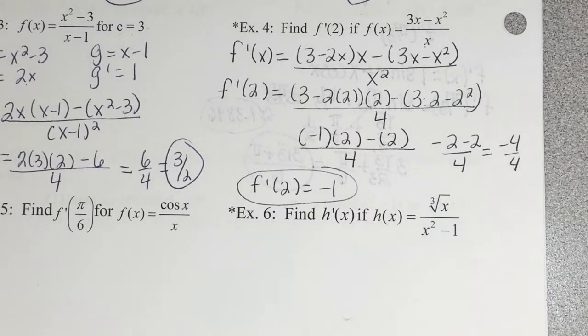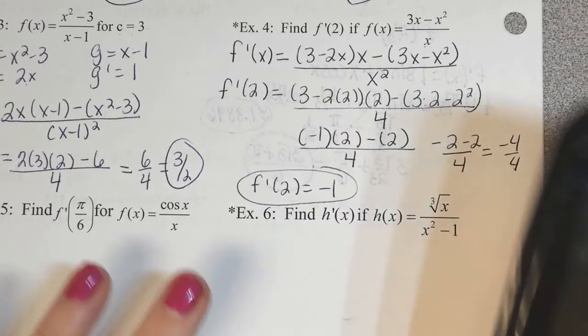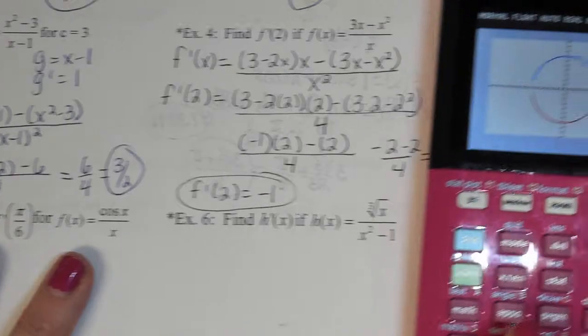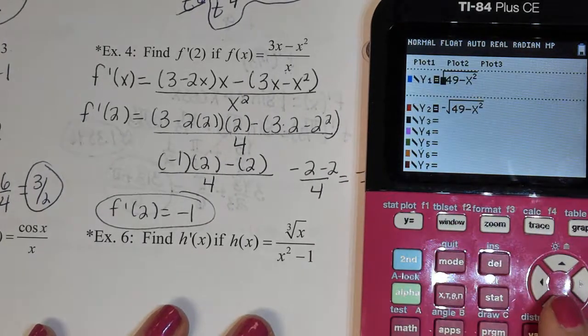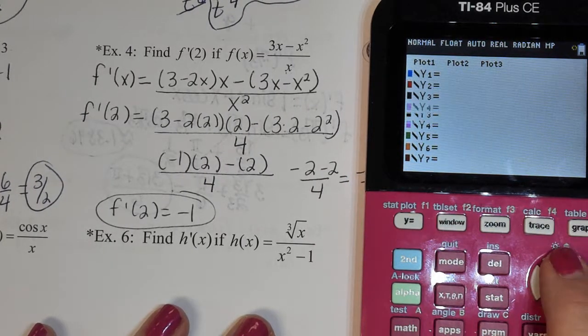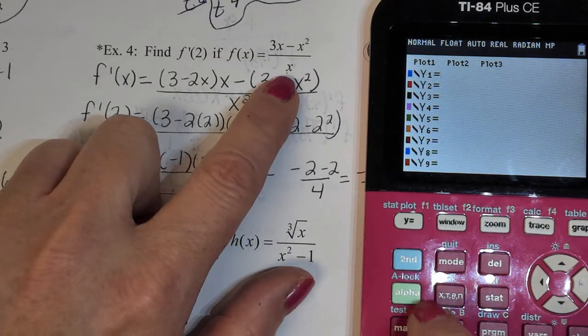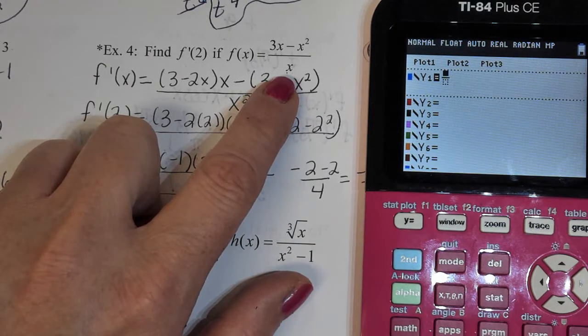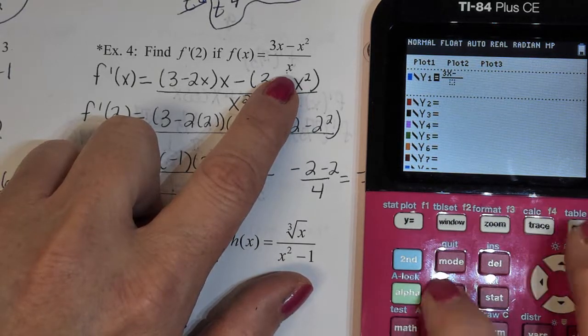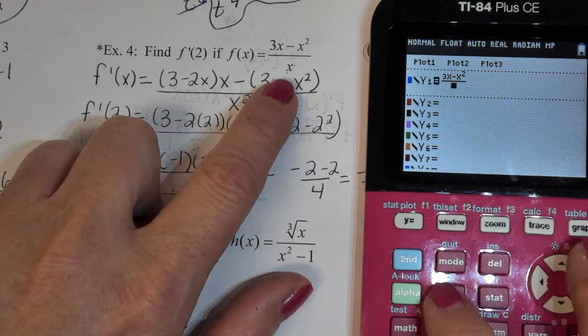On a problem where I'm trying to find the slope at a specific point, that's something I could check on my calculator. I can check it by going to y equals. I can put this in by doing 3x minus x squared all over x.